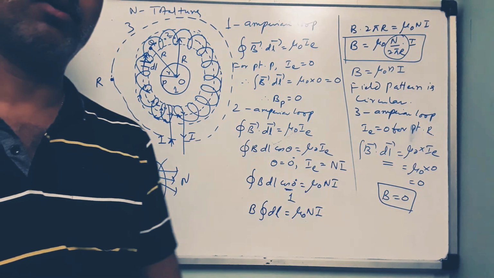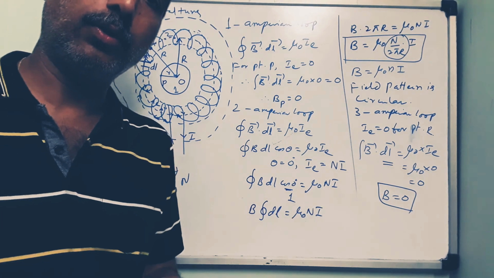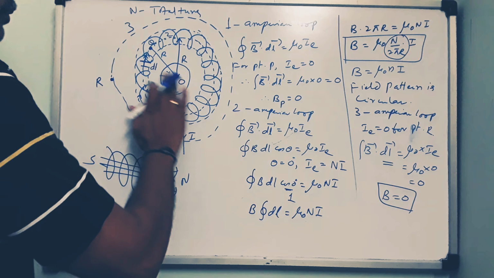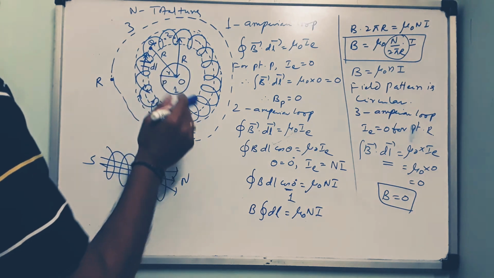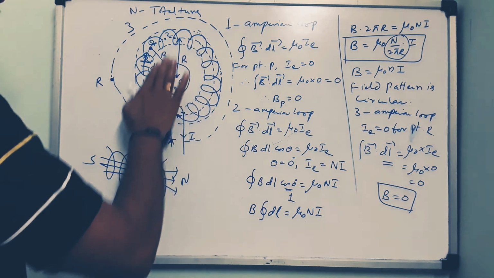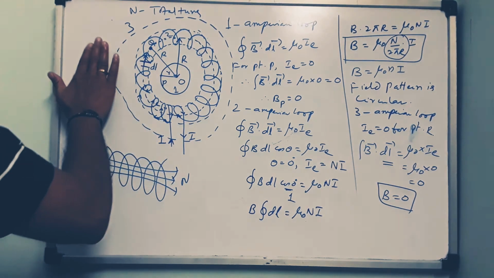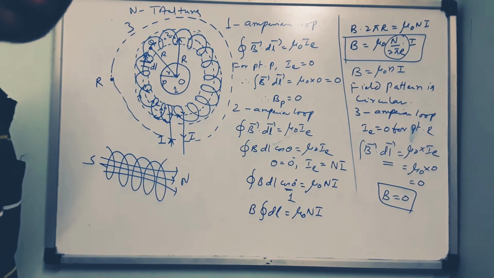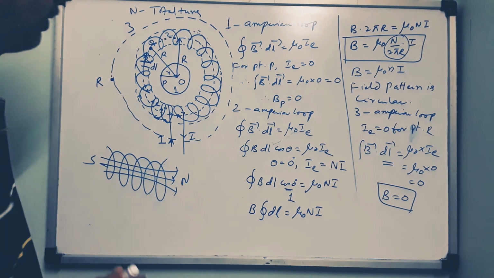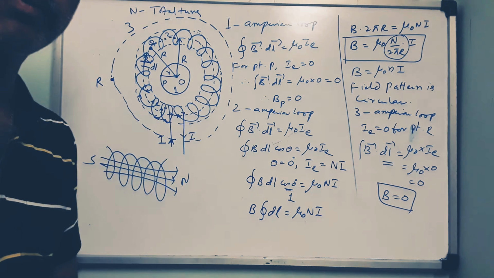So at which points do you have the magnetic field due to a toroid? Inside the toroid, in the interior part. This is called the entire interior part. From O to this dotted line, this entire interior part cannot have any magnetic field. The exterior part of the toroid also cannot have any magnetic field. Where is the magnetic field? The magnetic field will exist only along the axis of the toroid.